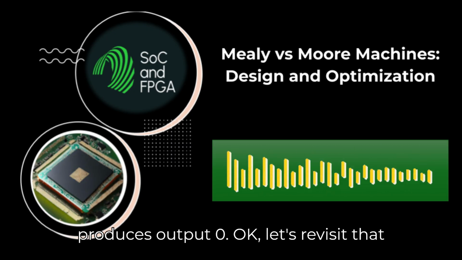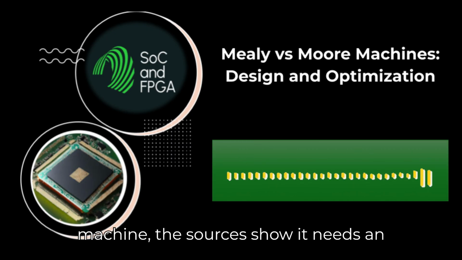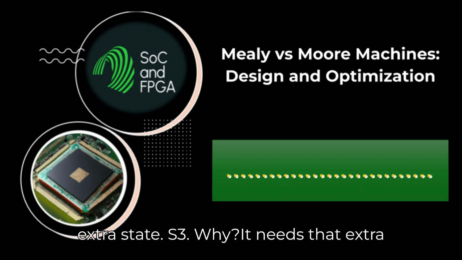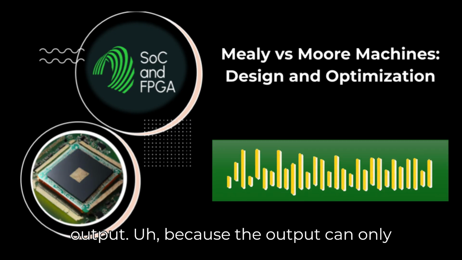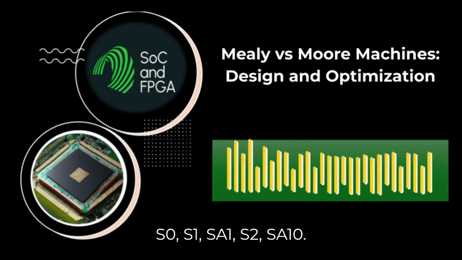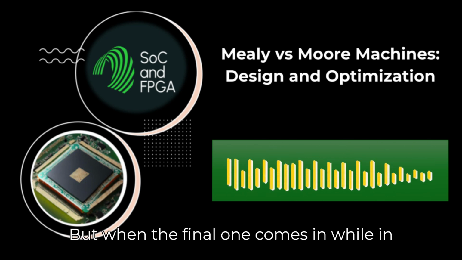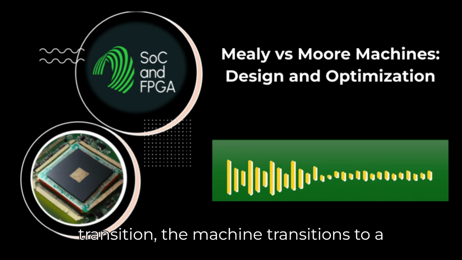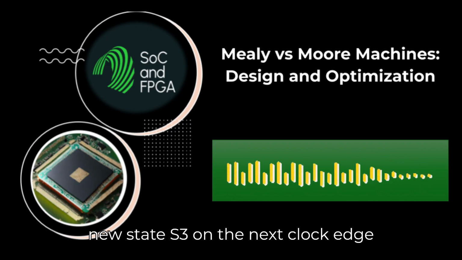Okay, let's revisit that 101 sequence detector, but as a Moore machine. The sources show it needs an extra state, S3. Why? It needs that extra state specifically to generate the output, because the output can only come from a state. Exactly. So you have S0, S1 (saw 1), S2 (saw 10). But when the final 1 comes in while in S2, instead of outputting on the transition, the machine transitions to a new state, S3, on the next clock edge.